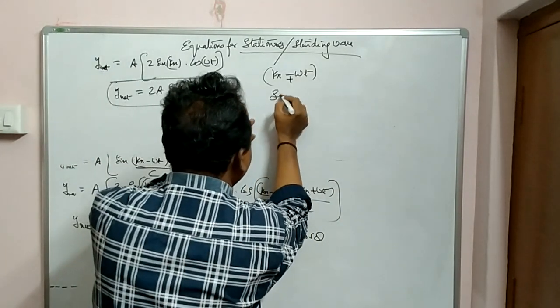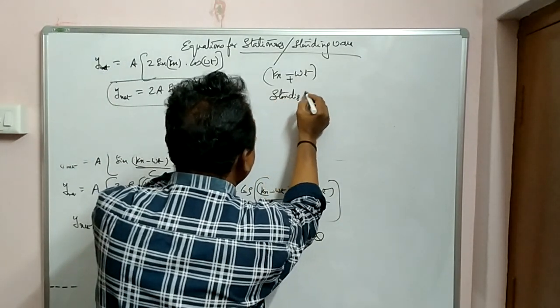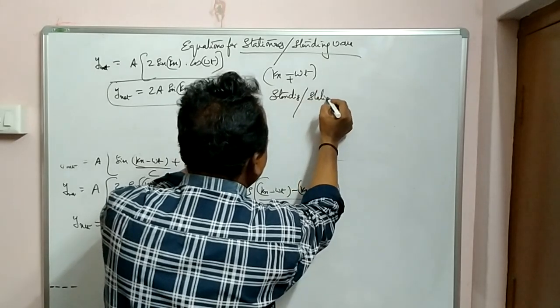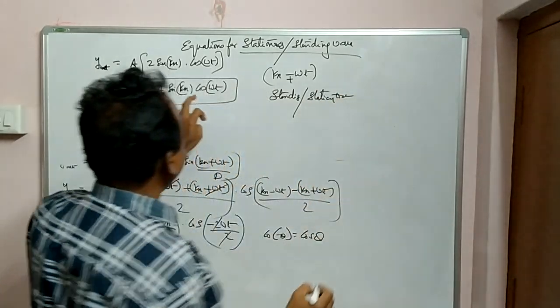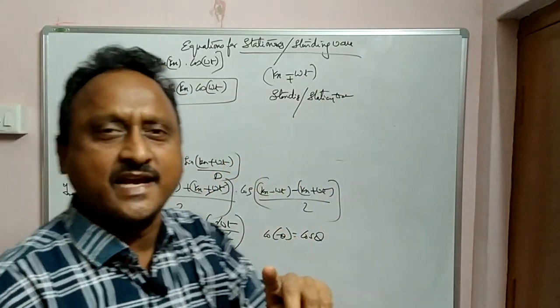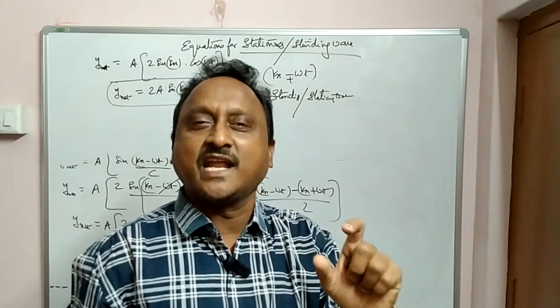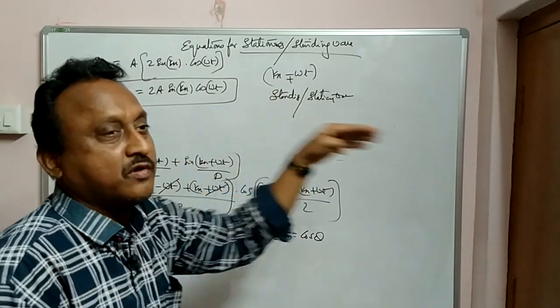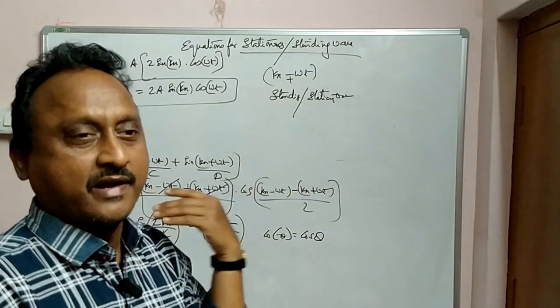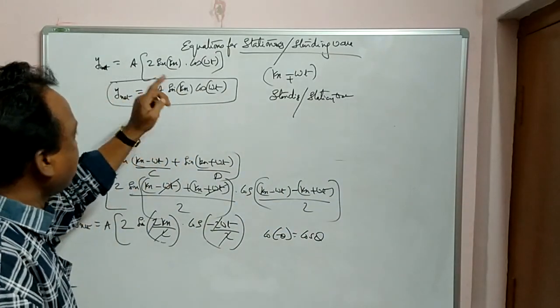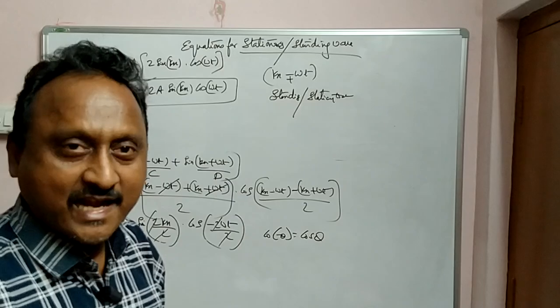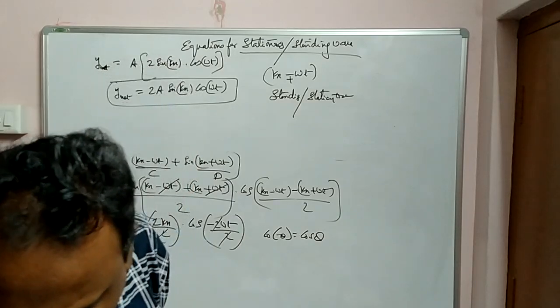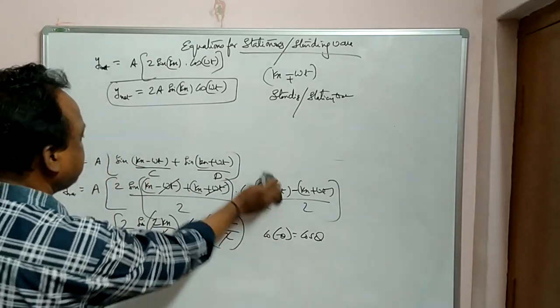That means it is standing, stationary wave. Therefore, this equation indicates a stationary wave or standing wave equation. If you have kx minus or plus omega t, then it is moving in forward or backward direction. Because you are having it in this form, it is a standing wave. Clear? Please note down. Very, very important equation.